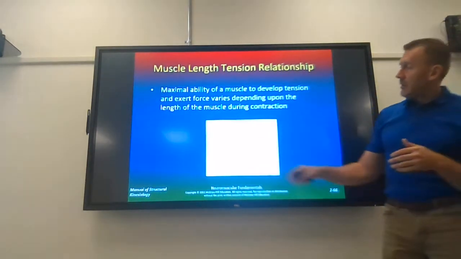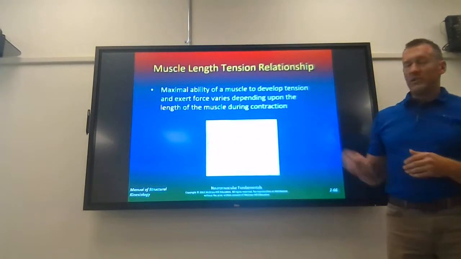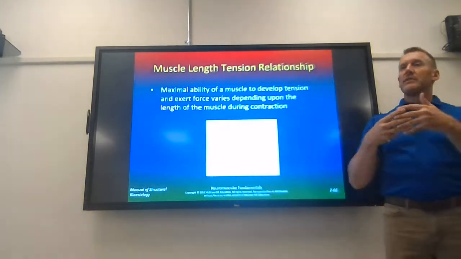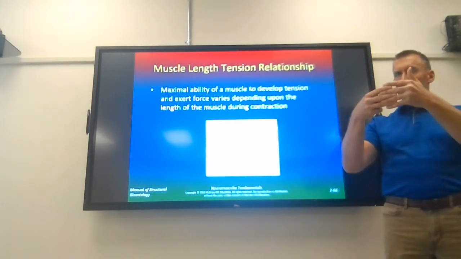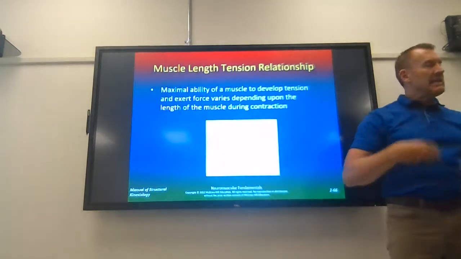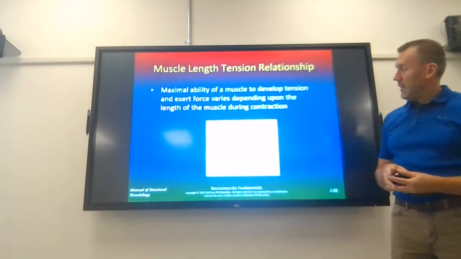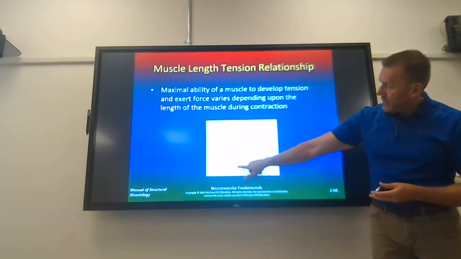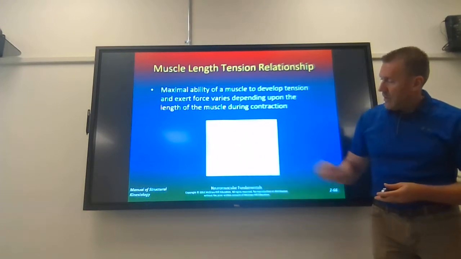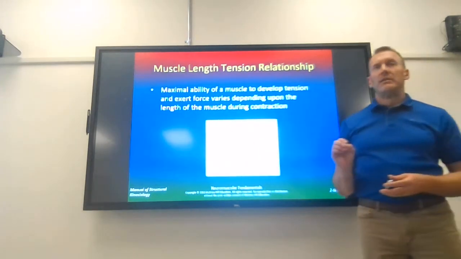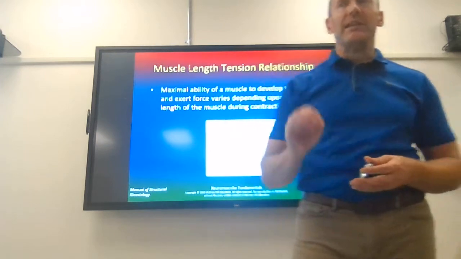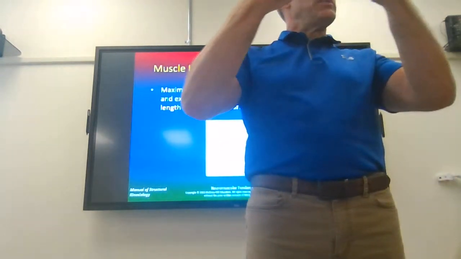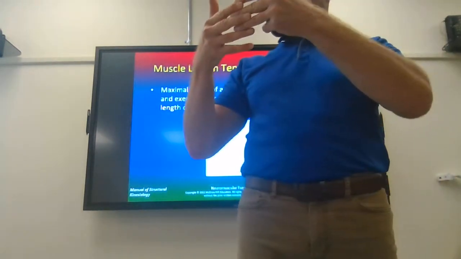The greatest amount of active tension, where active means actin and myosin are bound together and we're using ATP to maintain that interaction, is produced at about 130% of resting length. That doesn't mean the muscle's resting, it just means the muscle has a little bit of a stretch to it.